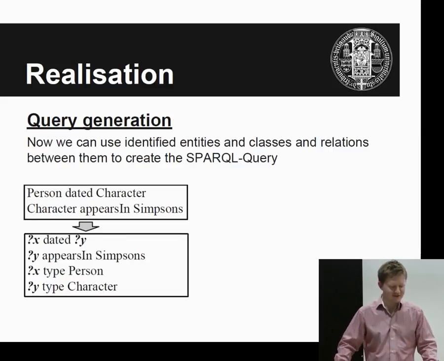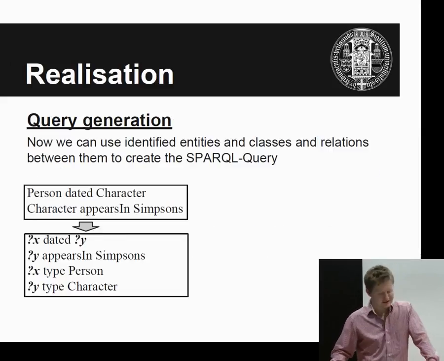So after that we have such a set of triples like person dated character, person dated character appears in Simpsons, and now we actually create the query just by substitution of classes by variables.